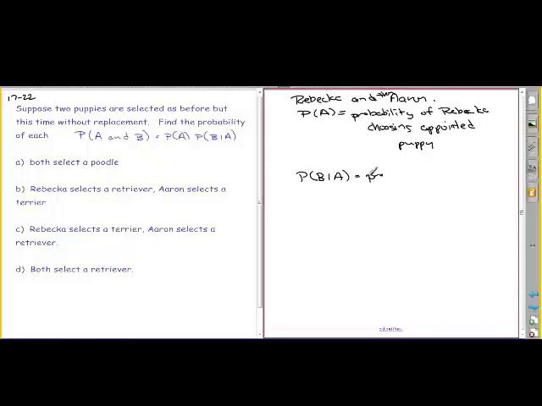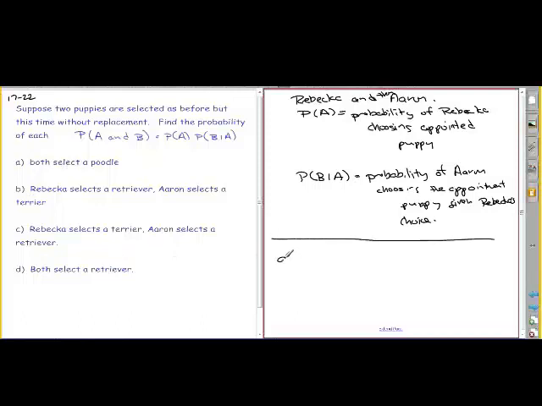And the probability of B, given that A happens, is the probability of Aaron choosing the appointed puppy given Rebecca's choice. Okay, so those are the 2 probabilities.